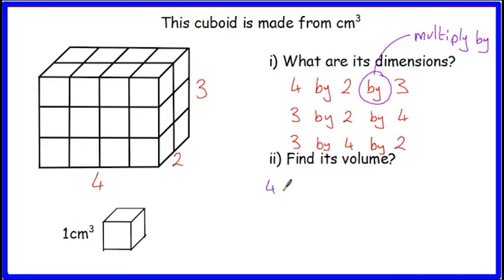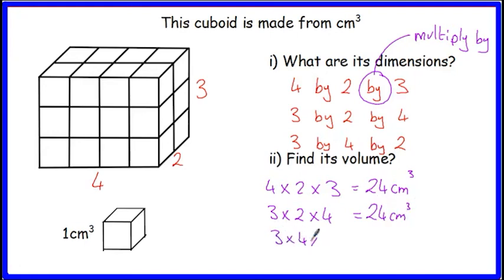So if I did 4 multiply by 2 multiply by 3, 8 3s is 24 centimeters cubed, or 3 by 2 by 4, 6 times 4 is also 24 centimeters cubed, or 3 by 4 by 2, 12 times 2 is also 24 centimeters cubed.